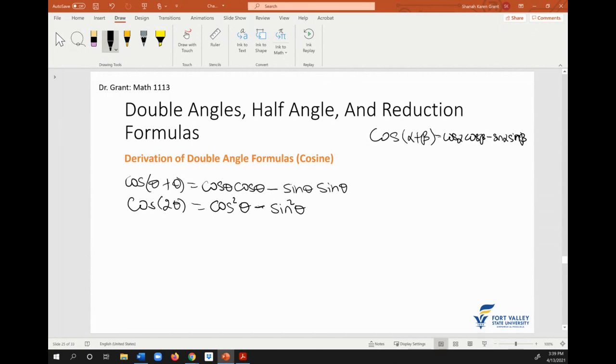Now with cosine, we can also derive a few more things, because if you remember, the Pythagorean theorem gave us the opportunity to rewrite sine squared theta and cosine squared theta in terms of each other. Recall that we have the Pythagorean identity.